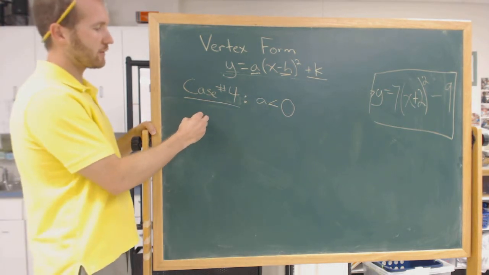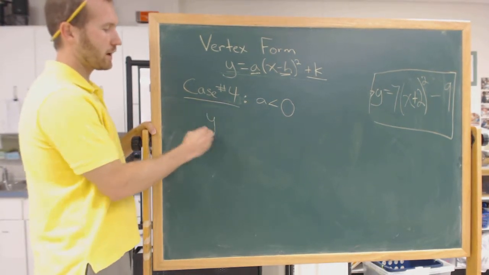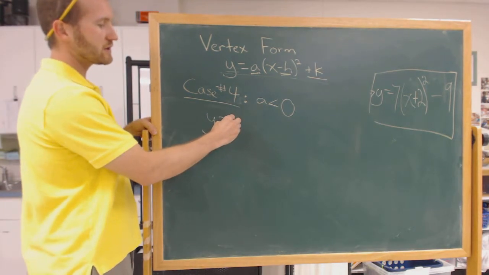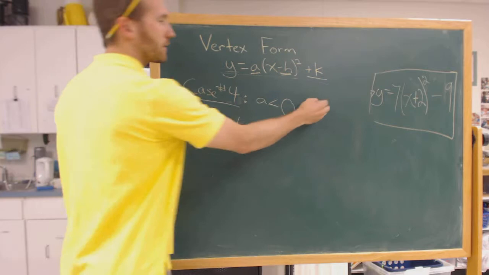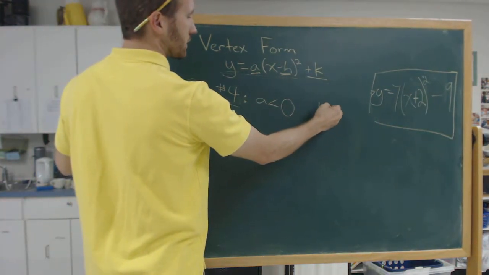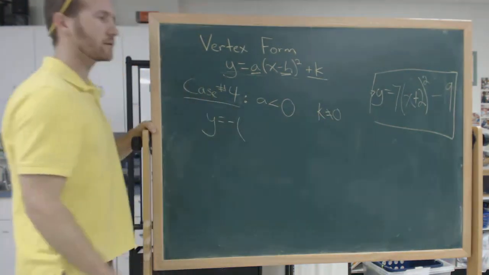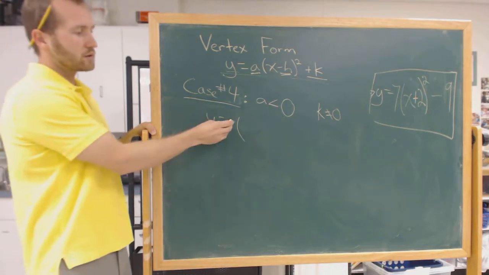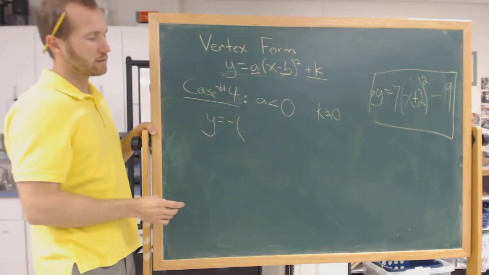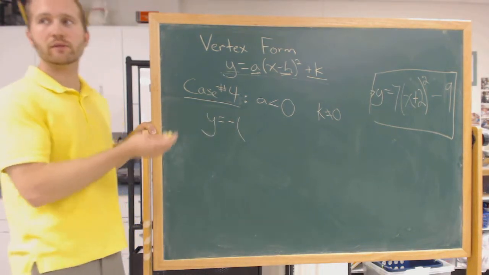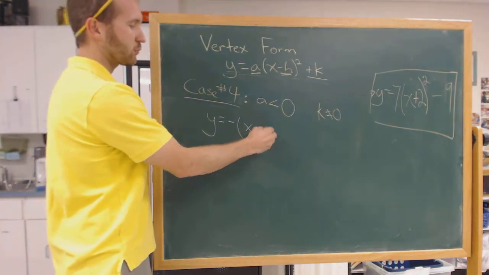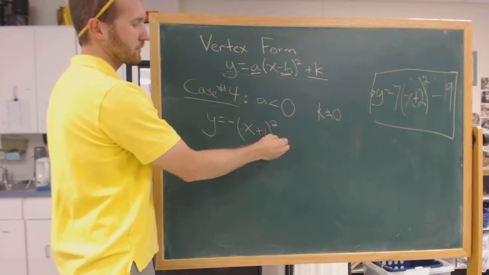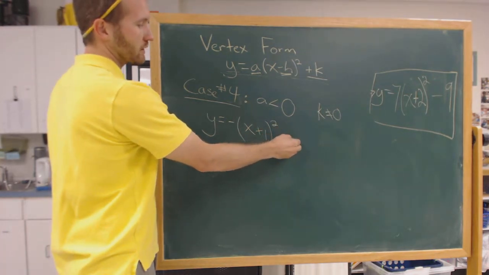So let's start out with a vertex form. Y equals, let's just say negative 1. Wait, what about K? Yeah, in this one, K is really anything. So y equals negative 1 times, let's just do (x plus 1) squared, and then let's just have a plus 1.